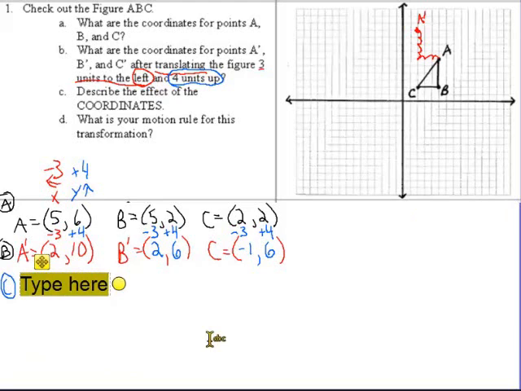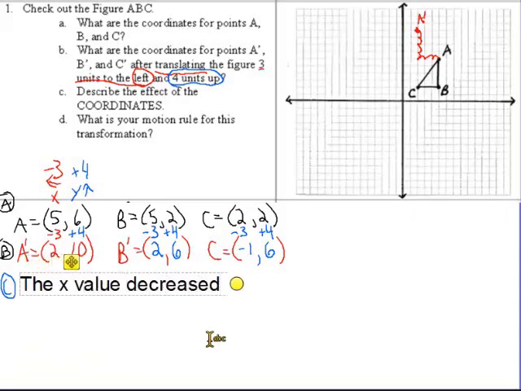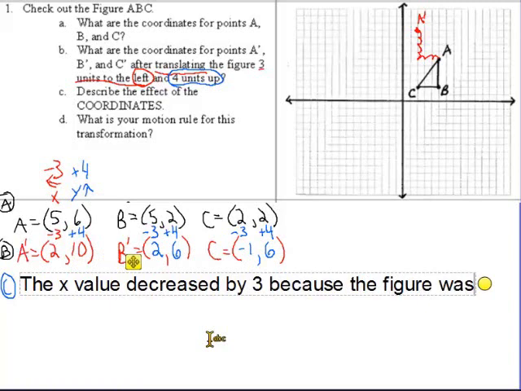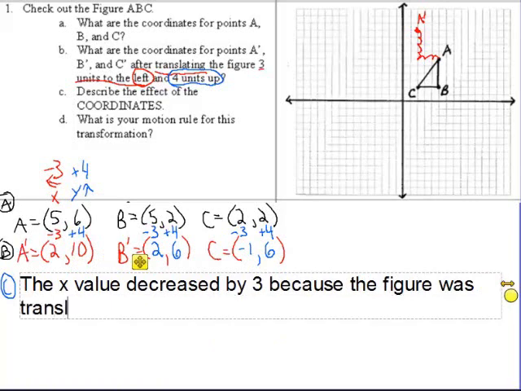I would say the x value decreased by 3 because the figure was translated 3 units left.